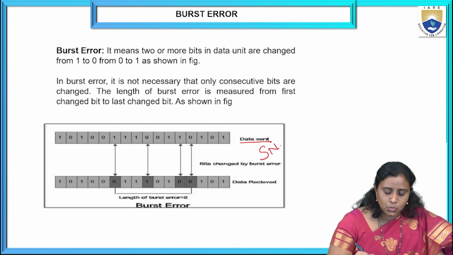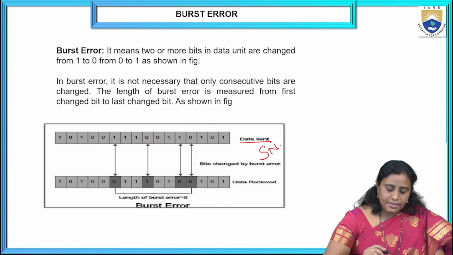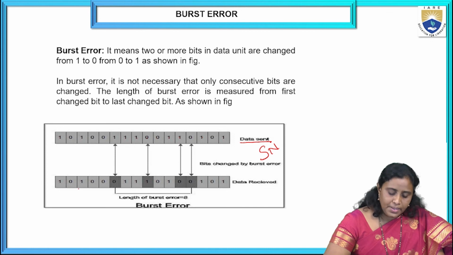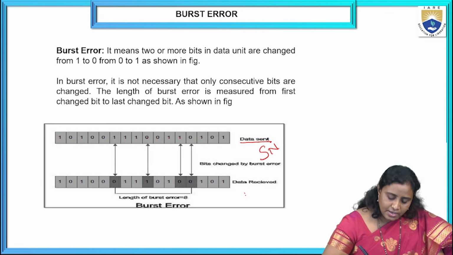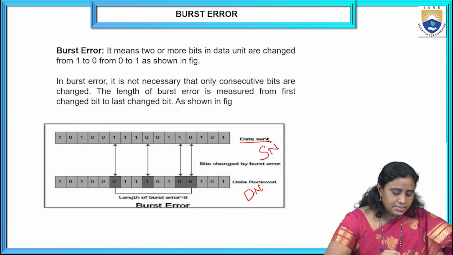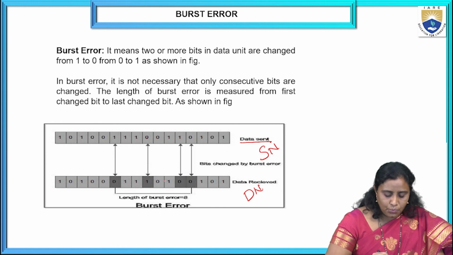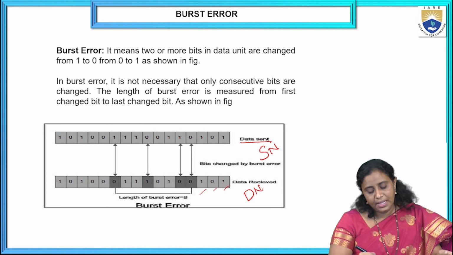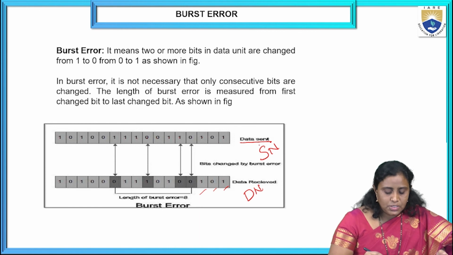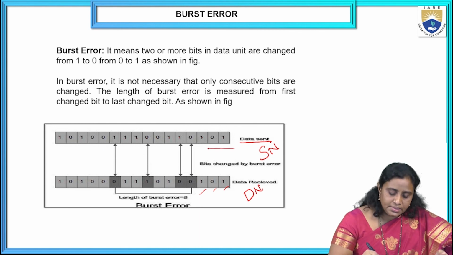This is the data which is received by the destination node: 1 0 1 0 0 0 1 1 1 0 1 0 0 1 0 1. The data sent has consecutive bits, and it is received in consecutive mode only.